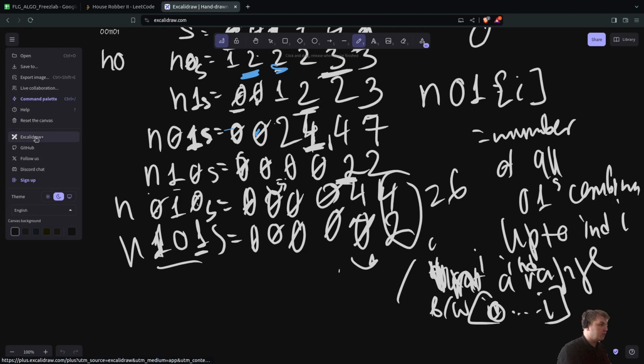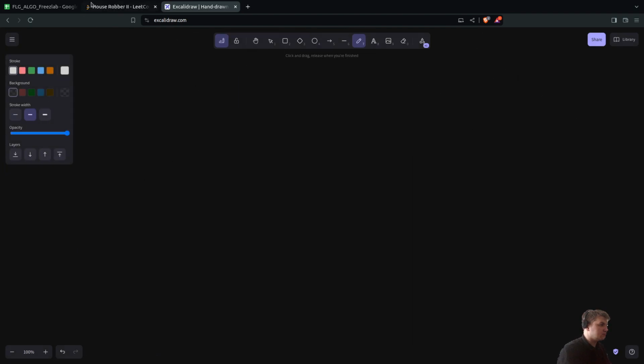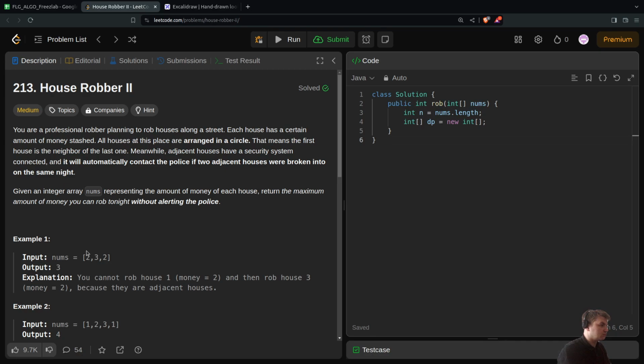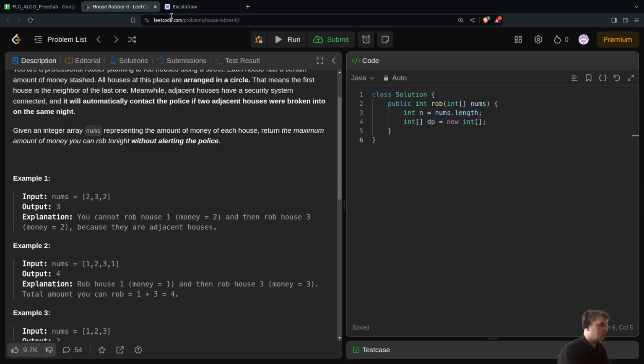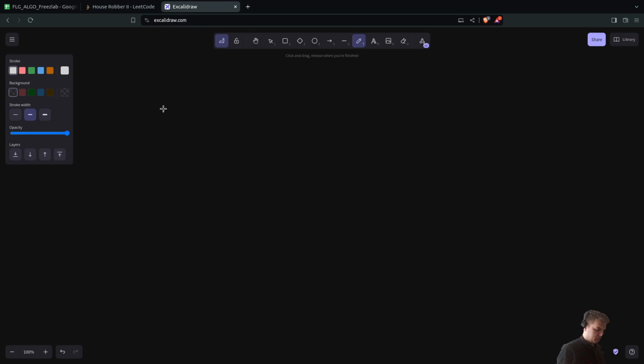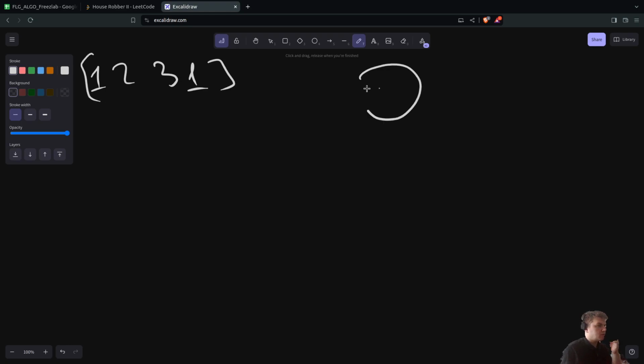Let's assume we have houses one, two, three, one, and it means that they are circular.